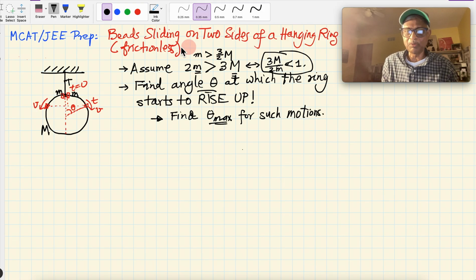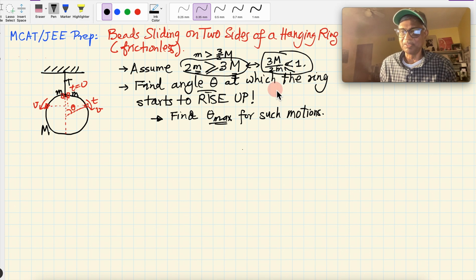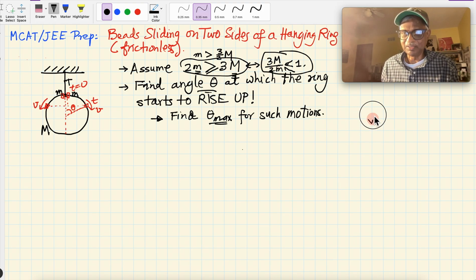Of course, maximum will be when this condition is exactly, maybe we should say greater than or equal to, because equal to is always allowed in this condition. And this condition is required because you're going to get something like 1 minus 3m over 2m.